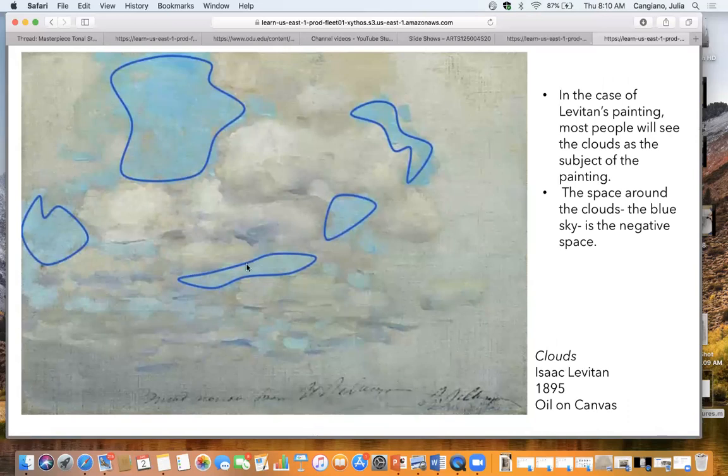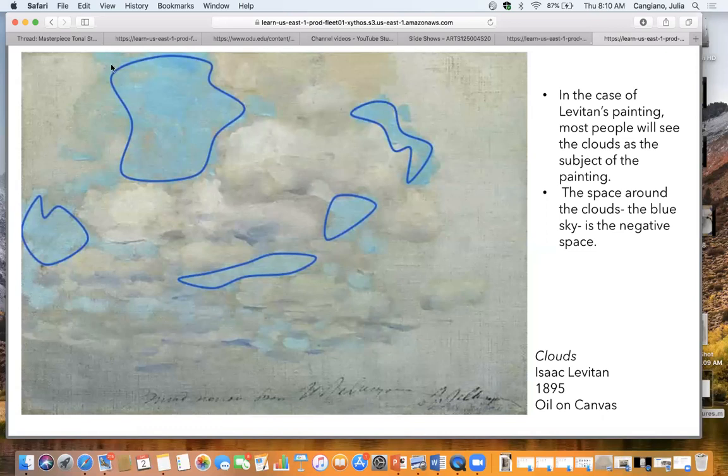This is Clouds by Isaac Levitan, and most people, as I said over here, will see the clouds as the subject of the painting, and the blue sky in between as the negative space, so like the inactive areas. And you can see how he kind of used the space strategically.